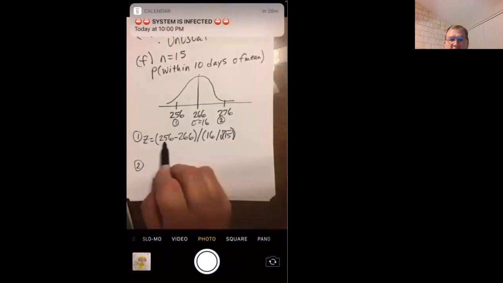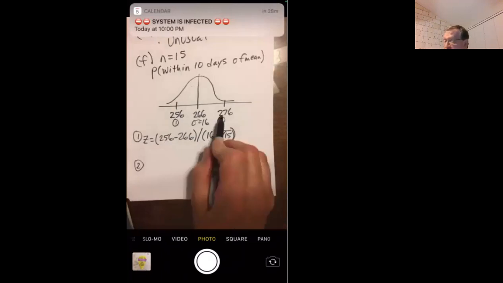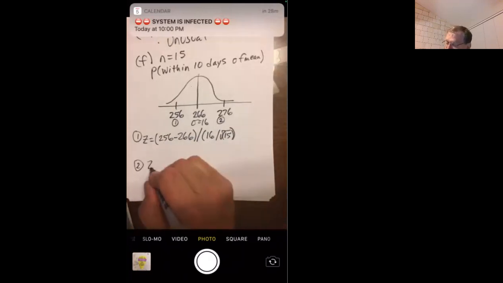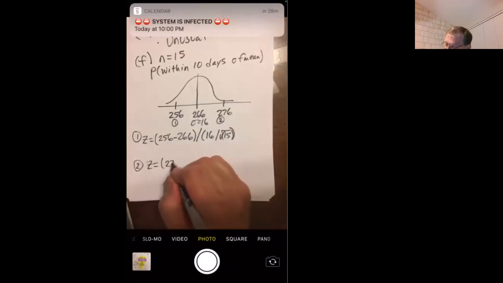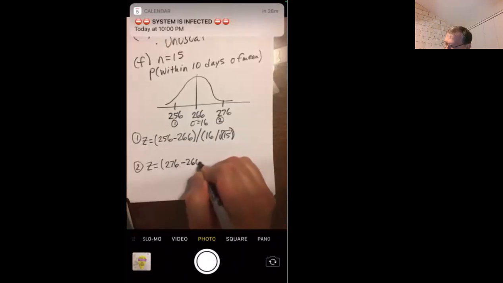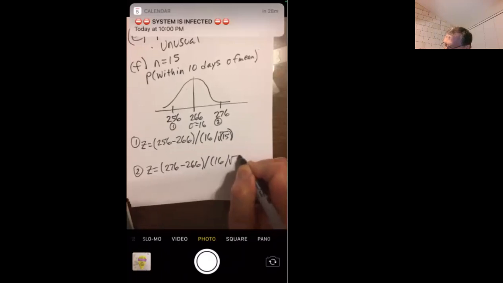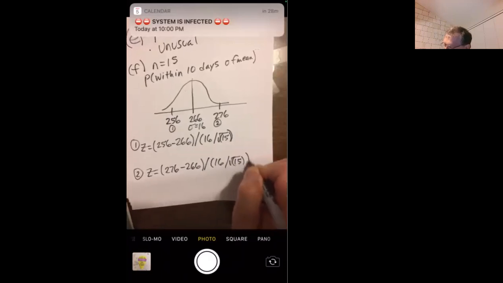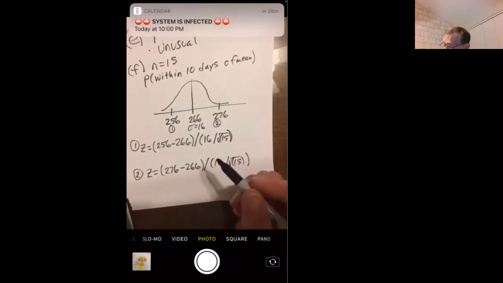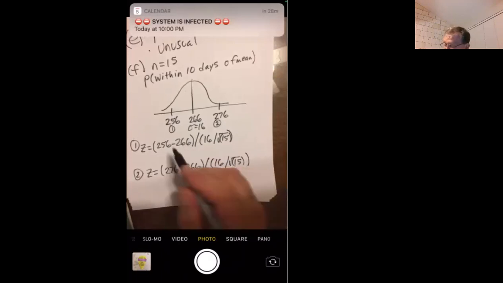Probably only have to tweak that 5 there and make it a 7. But I'll write it out and show you. 276 minus 266 divided by 16 divided by the square root of 15. So the only difference in these two is, of course, this will be negative, this positive, but the only other difference is the 5 changes to a 7. You punch either one first and then change it to the other one.